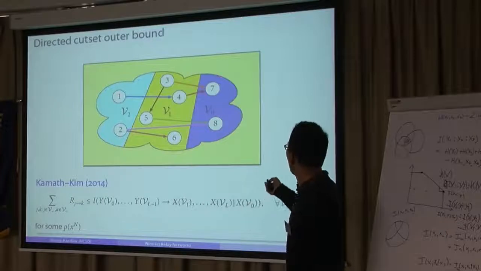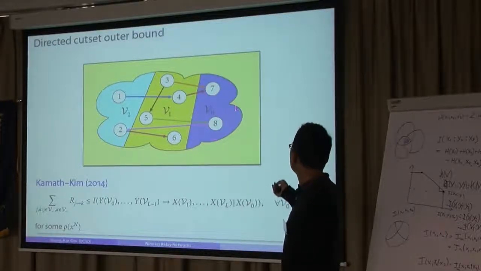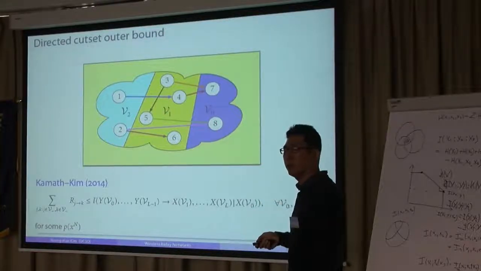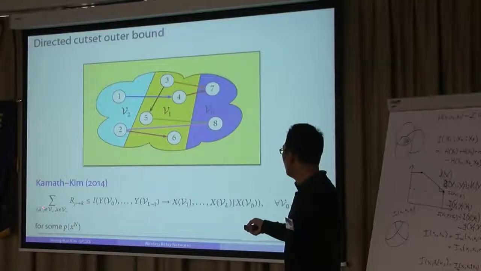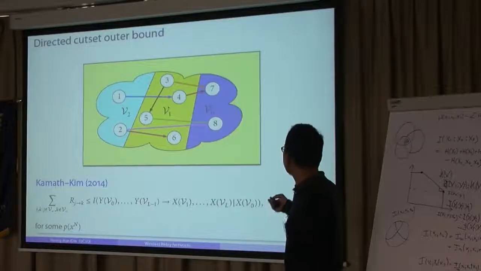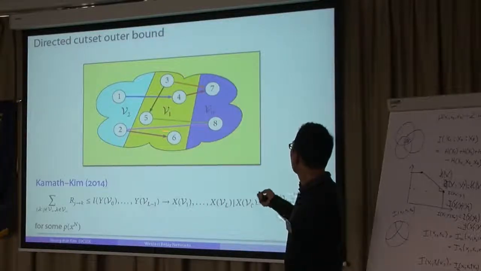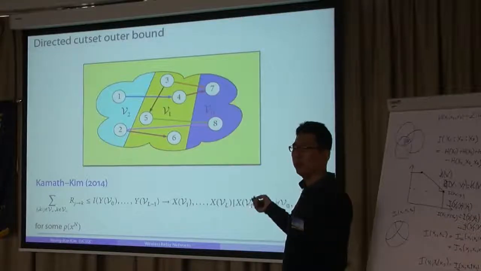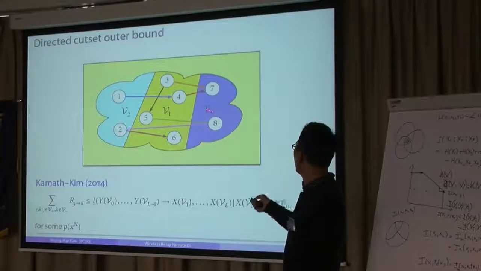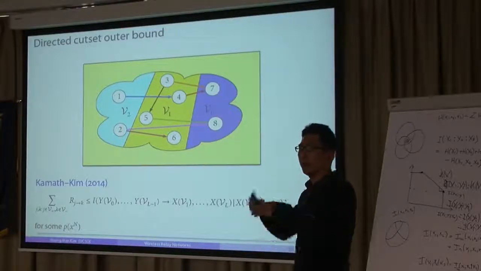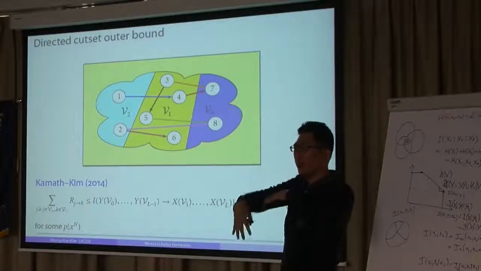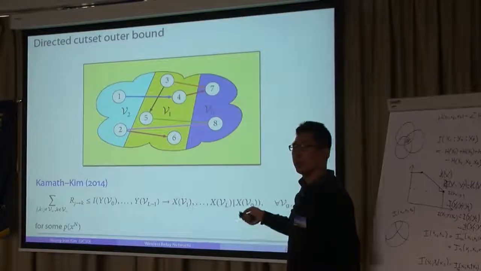We always go from this side, say this is V0, V1, and V2. Here we tripartition the network, and we look at all the rates going from V's on the higher floor to the lower floor. We look at all the traffic, the flow from V1 to V0, V2 to V0, and V2 to V1. You can think of it as a tall building, where information can only fall down from top to bottom. So we look at all the rates.